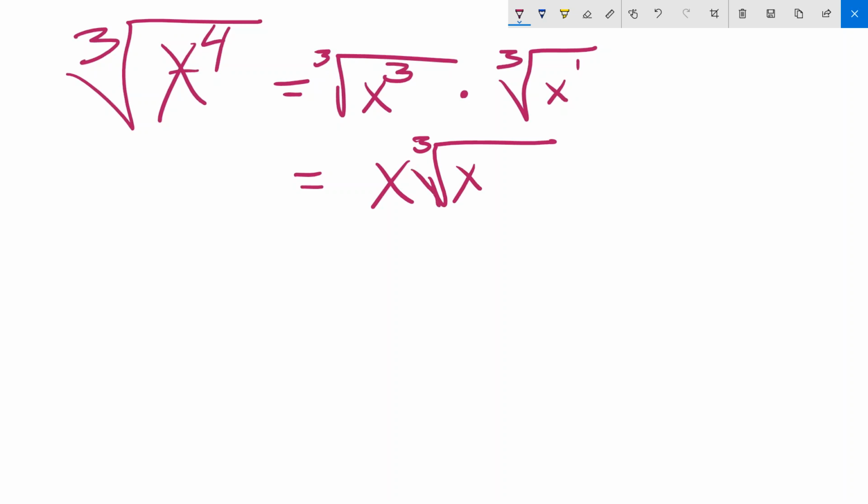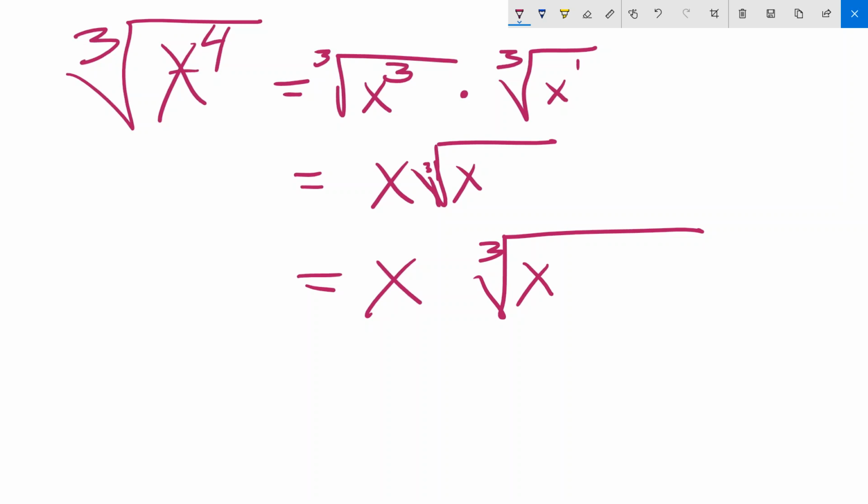Make sure when you write this, because that can very easily be misread as x cubed. You don't want that. So let's stick that 3 in there, or else separate it enough so that there is no misunderstanding. Like that. Okay, what else?